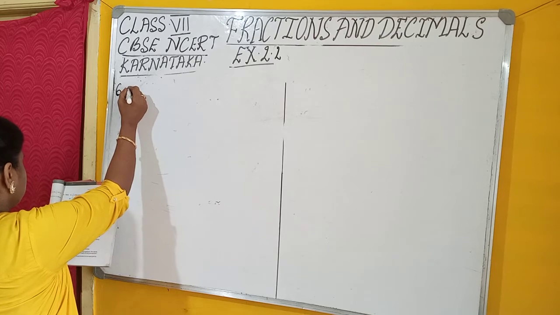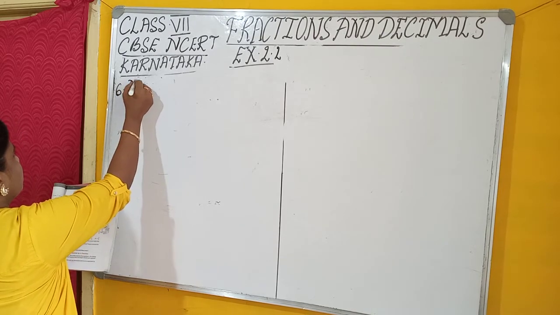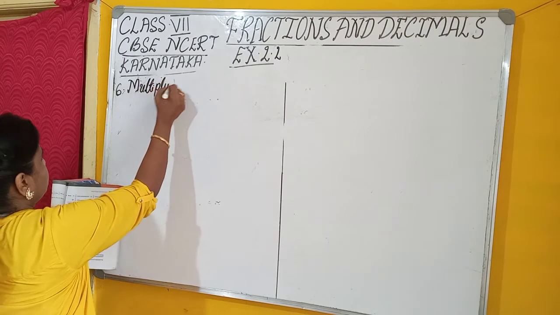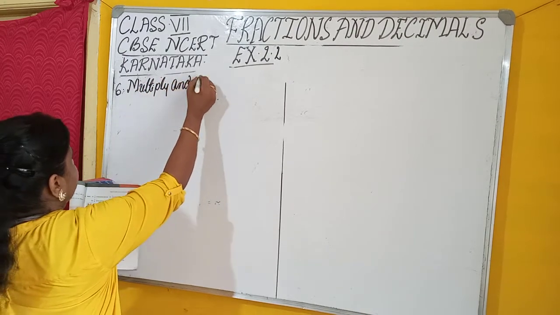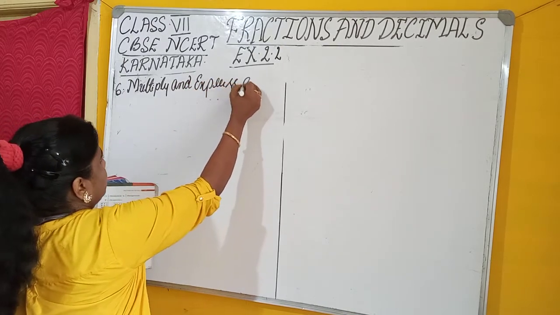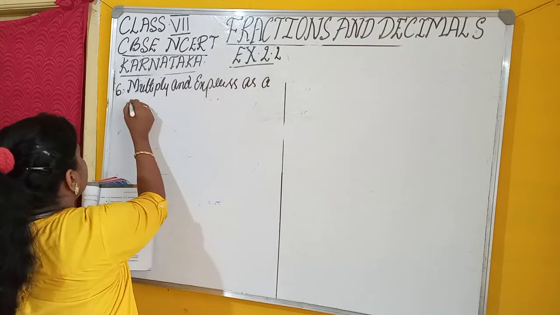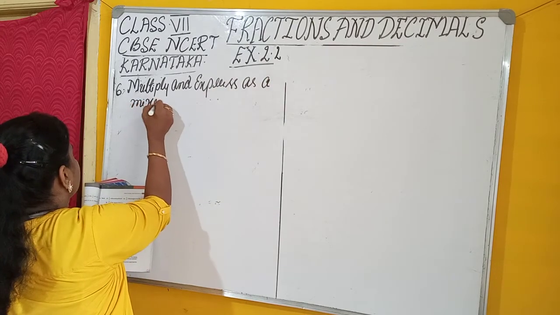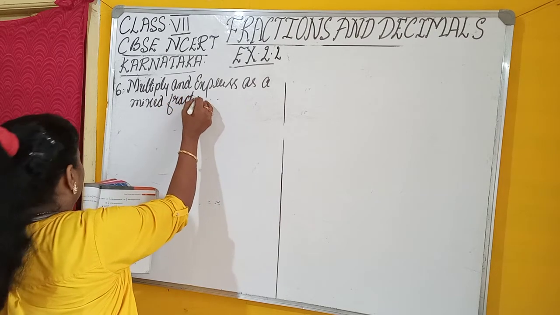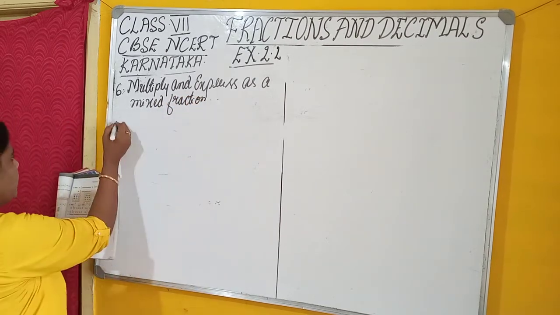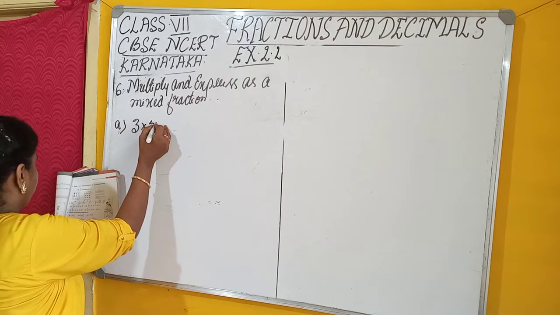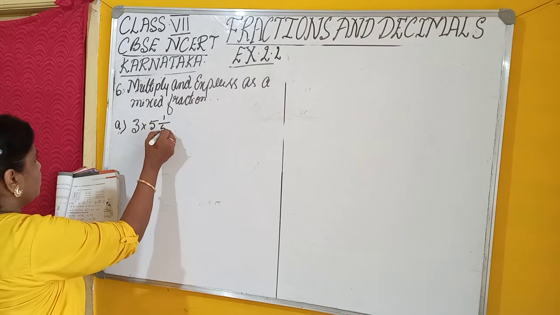Multiply and express as a mixed fraction. First, what we have to do? We have to multiply. It is 3 into 5 1/5.